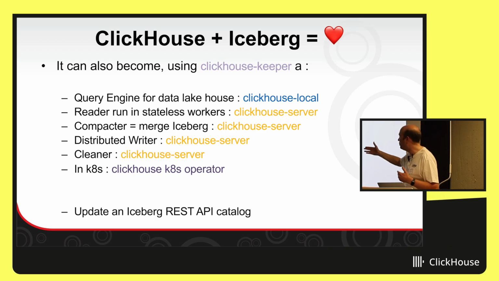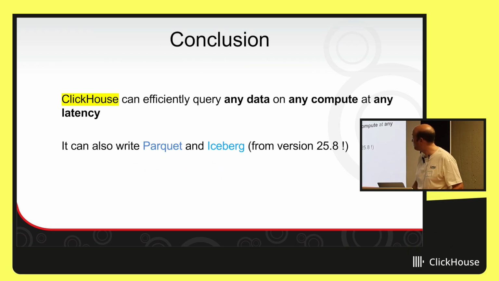And you can clean the parts that have been deleted or the snapshots that are old with the same Clickhouse server. So that's why I'm very excited about it. And then it can integrate to REST API catalogs that are open source. So if we combine everything, which I will do in the demo, you will be able to do interesting things.